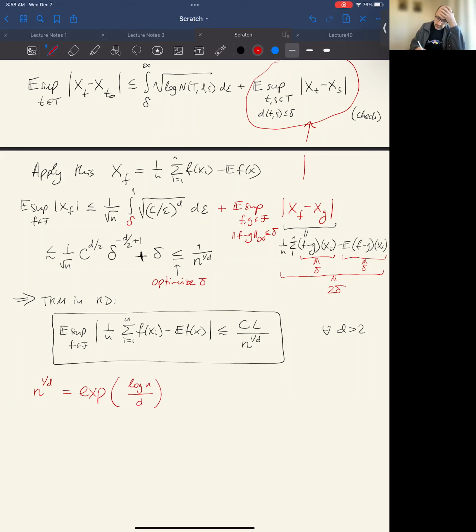So if we want this to be large, let's say even larger than 10, for example, then we will need log n to exceed d. So log n needs to be larger than d, which means that n has to be larger than exponential of d, e to the d. Unfortunately.